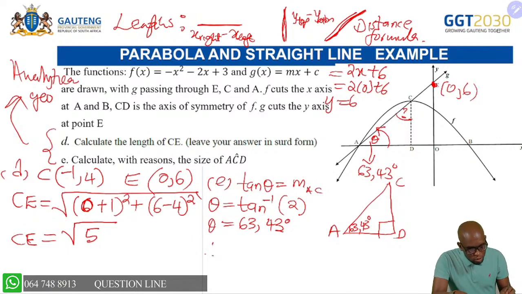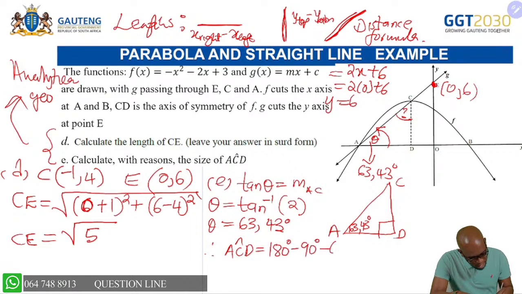Therefore, angle ACD would be 180 minus 90 minus 63.43. The reason here would be the sum of angles in a triangle.